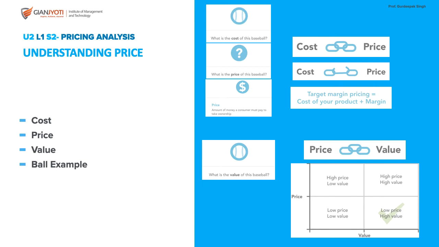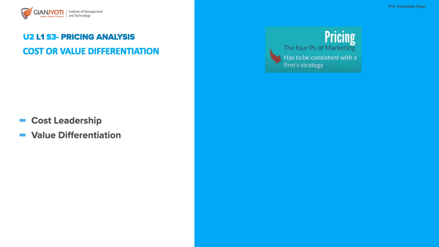But if the price is high and the value is low, no one is going to buy anything here, that's for sure. So this is what is cost, price and value and how they are linked. From the customer perspective, in marketing and analytics, we always focus on price and value.